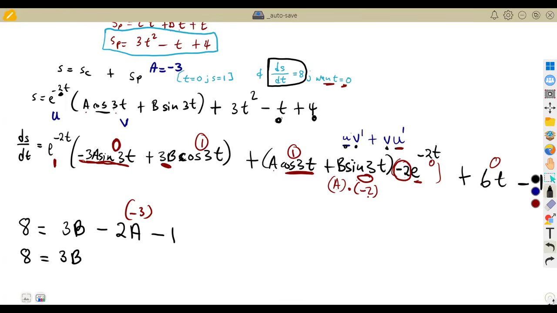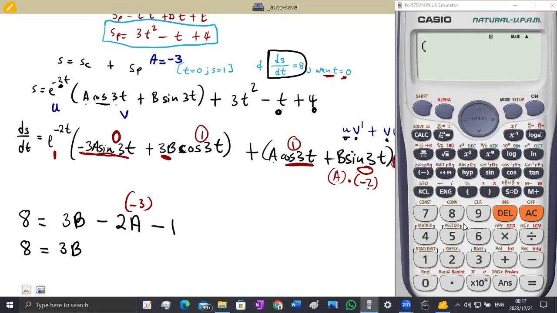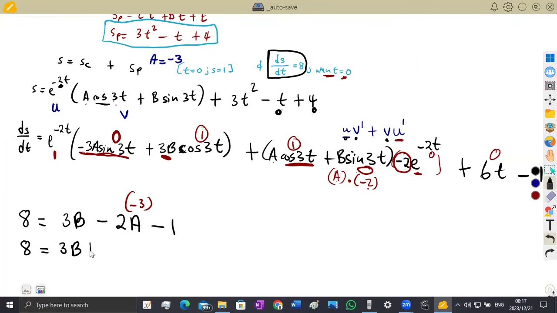Let us just use the calculator to check: minus 2, open bracket, minus 3, then minus 1. So this will be 5. So you're going to have a positive 5 here.